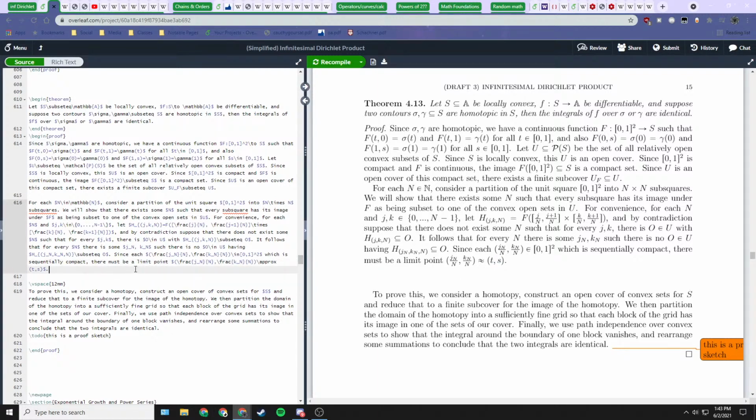Now, there must be a convergent subsequence, we'll be a little more specific.